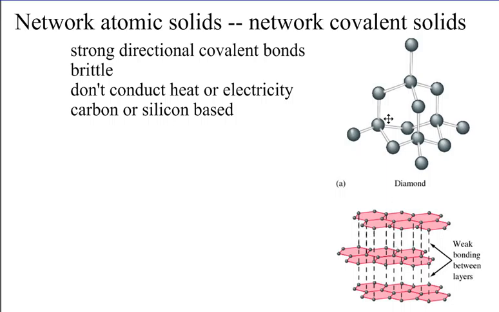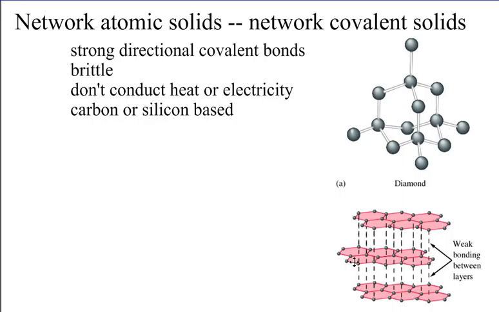So for example, both diamond and graphite are network covalent solids, while diamonds have a tetrahedral structure to them. Each of these bonds is at 109.5 degrees. It takes a lot of energy to break one of those covalent bonds, because you can't just break one, you've got to break 1, 2, 3, and there'll be a fourth one up here to get one of those molecules out.